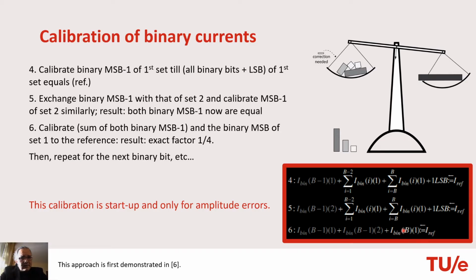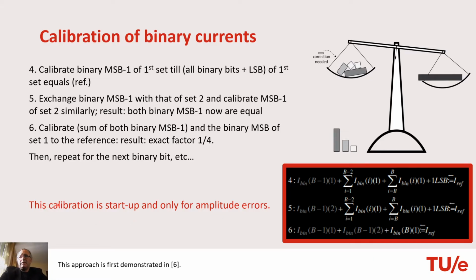And the MSB current is already calibrated to half the reference, which means that each of the MSB -1 currents will be exactly equal to 1/4 of the reference, etc., etc. You implement this for all binary currents.